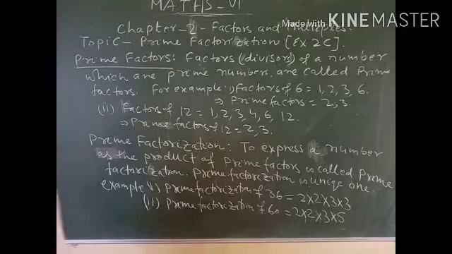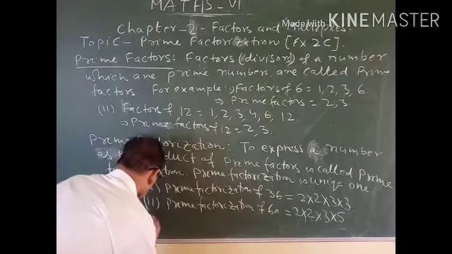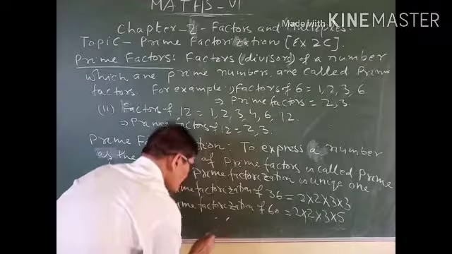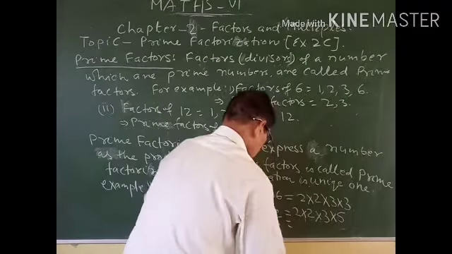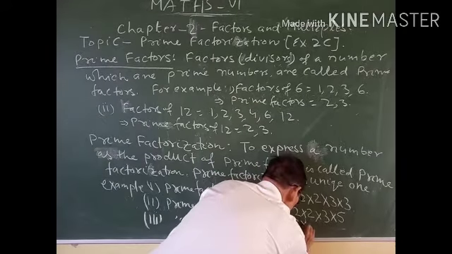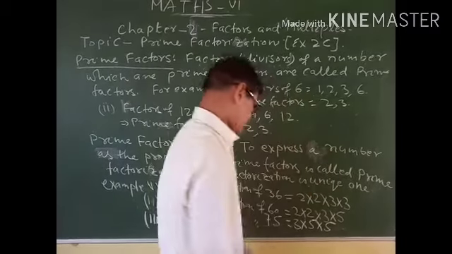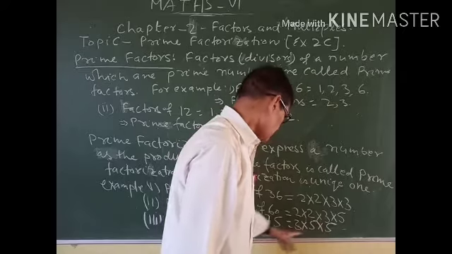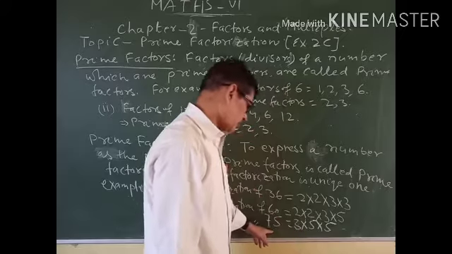Similarly, you can write the prime factorization of 75: 3 into 5 into 5. Multiply: 3 fives are 15, 15 fives are 75, means the product of these numbers is 75.